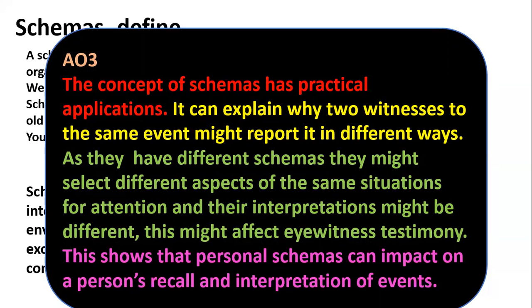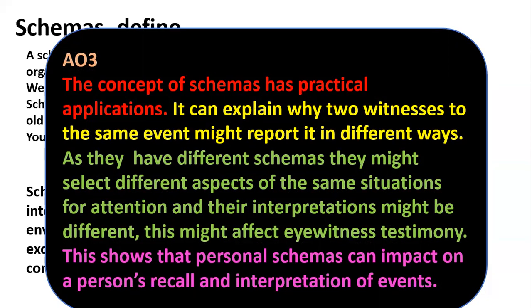It can explain why two witnesses to the same event might report it in different ways. Because remember, we're explaining why it's got practical eyewitnesses. We need those. We have plenty of eyewitnesses when something criminal or antisocial has happened. Our explain clearly explains a practical application. Now remember, elaborate.